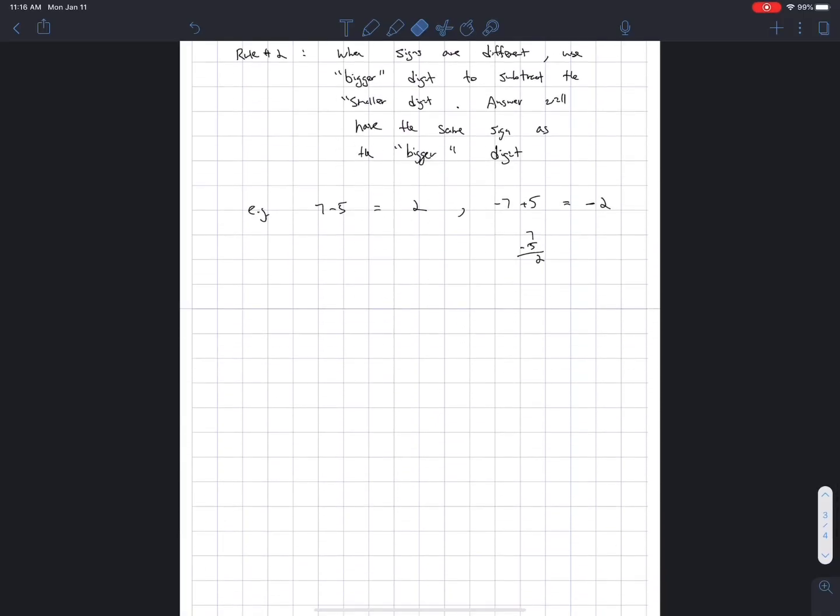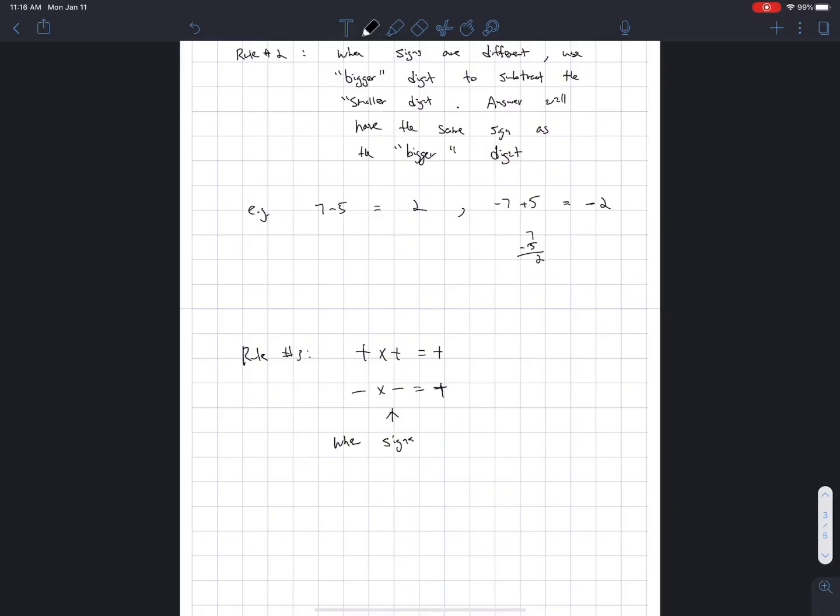So there are other rules that you should know. Rule number 3. So you need to know that positive times positive is positive. Negative times negative is negative. So whenever the two signs are right next to each other, so this is when the signs are the same. Sorry, negative times negative is positive.